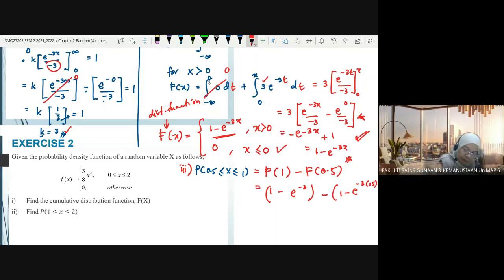Okay, can you find the answer? What is the answer? So if I simplify, this will be 1 minus 1 minus e minus 3 minus minus plus e minus 3 minus 1.5.